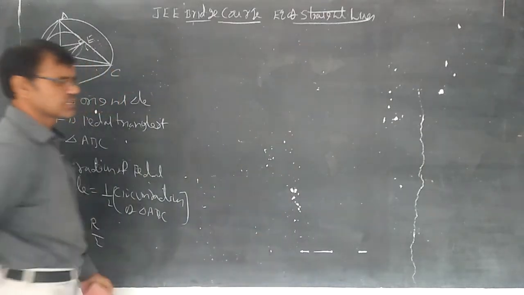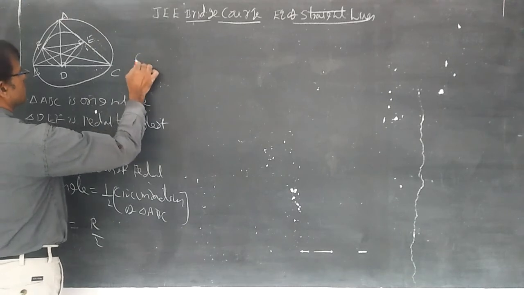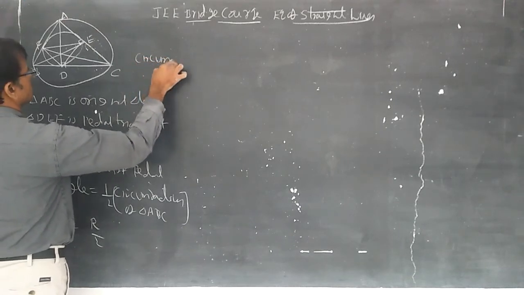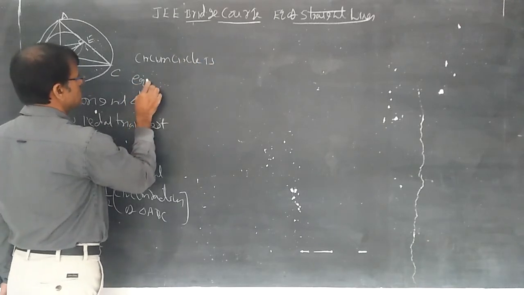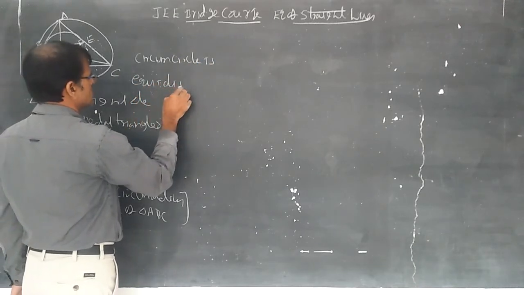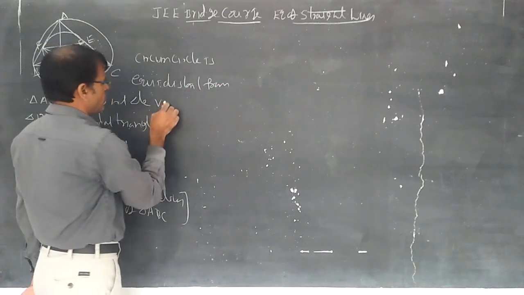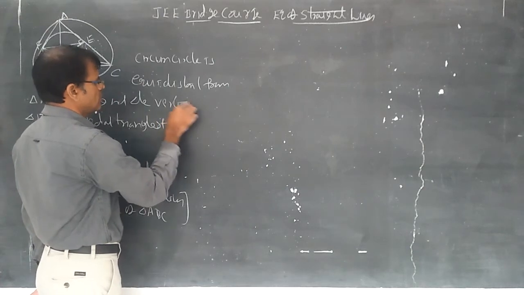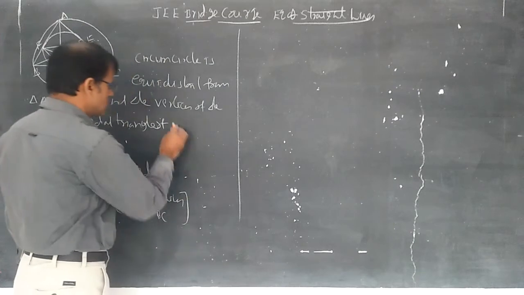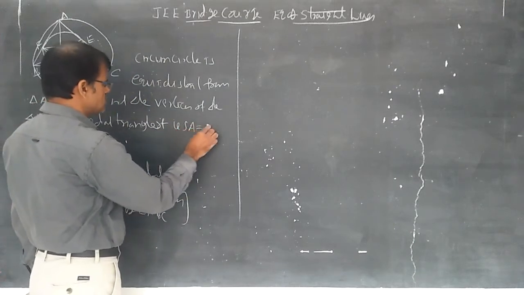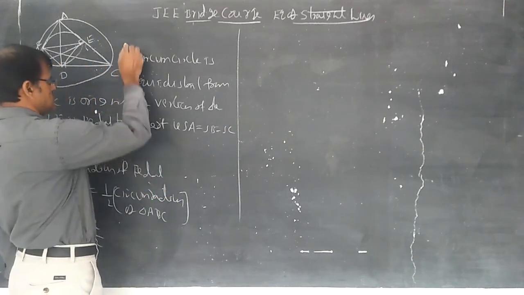Of course, SA equal SB equal SC we had written. Note here: circumcenter is equidistant from vertices of triangle. That meaning is SA is equal to SB is equal to SC.